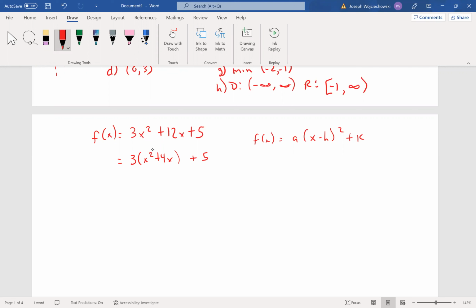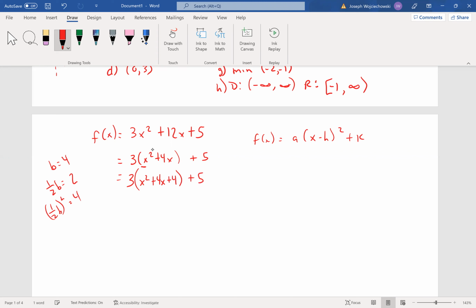So if you remember when completing the square, we had to have a 1 in front of the squared term. So let's keep that 3 out here. Now I have x squared plus 4x. So b is equal to 4. 1/2 b is equal to 2, and 1/2 b squared is equal to 4. So we're putting 4 in here.